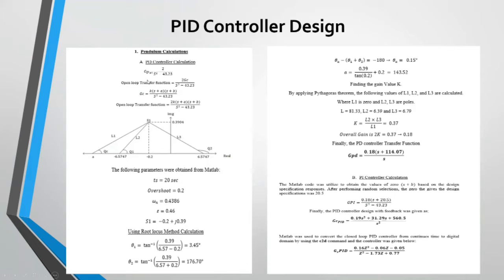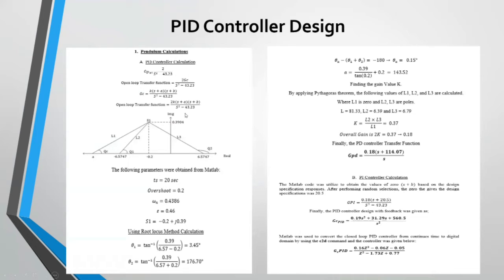As previously mentioned, after modeling we come up with the transfer function, and we have G pendulum, GP of S, given by the following equation: 2 over S squared minus 43 over 2S. After this, we put it in an open loop transfer function.